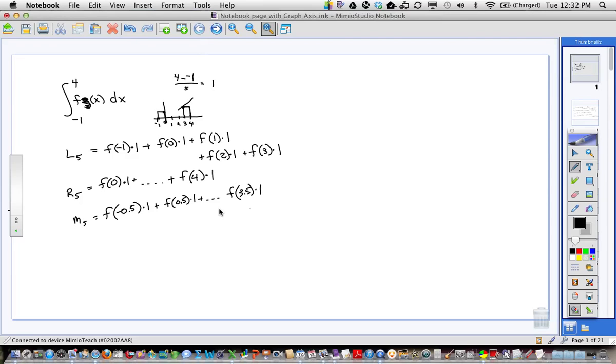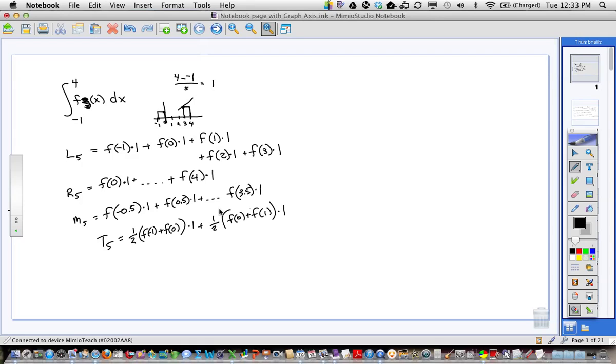Okay, and then finally, what if it was a trapezoid? First trapezoid would be 1/2 f of negative 1 plus f of 0 times 1. Because you have to use the 0 again, right?